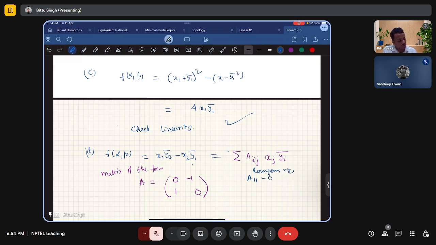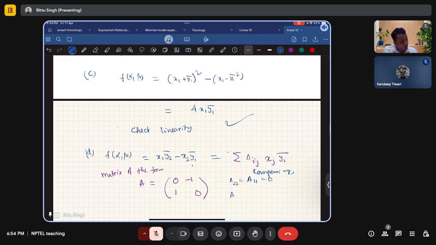So A11 is 0, A22 is 0, and now what is A12? A12 is the coefficient of x2 y1 bar. But x2 y1 bar means my coefficient is -1. Similarly A21. So we are getting -1 here and +1 here.